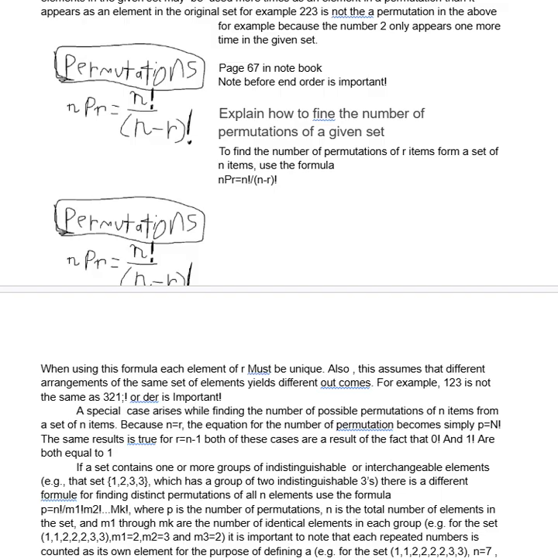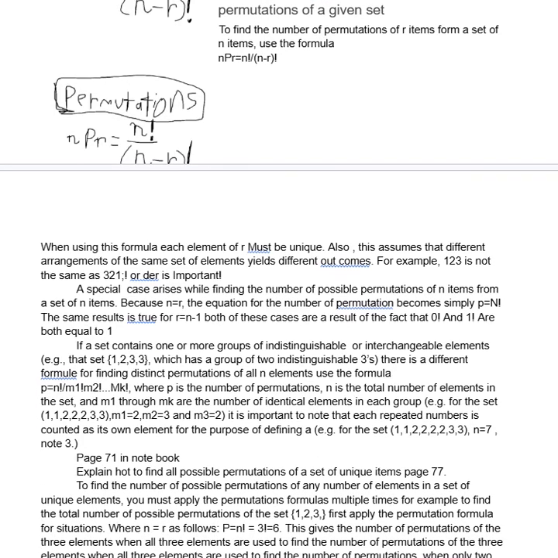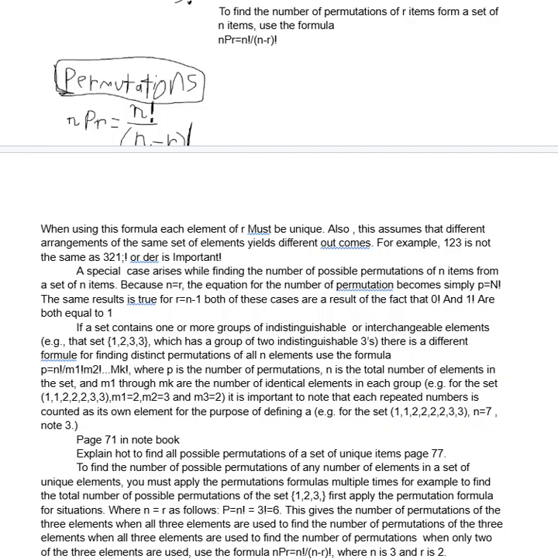To find the number of permutations of r items from a set of n items, use the formula nPr equals, in the numerator, n factorial, end of numerator, going past the vinculum or the fraction bar into the denominator, start of parentheses n minus r, end of parentheses factorial. Another terrible drawing of the formula.